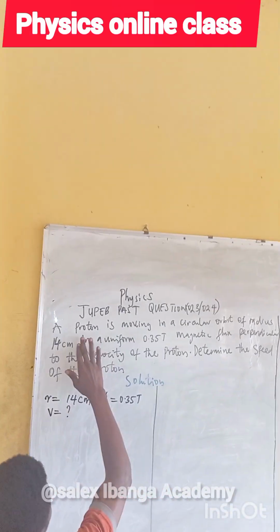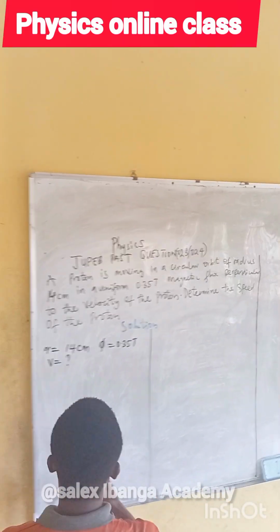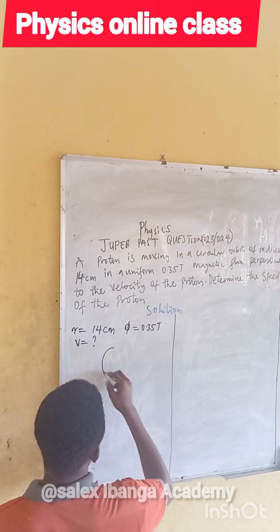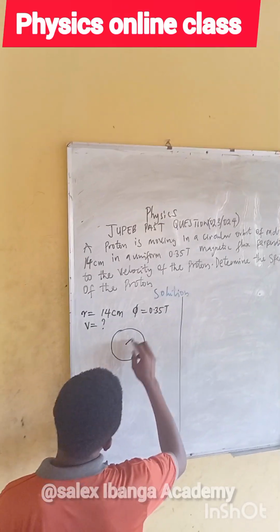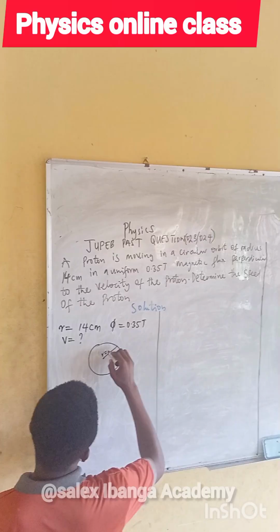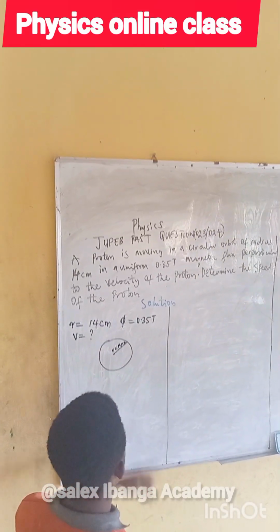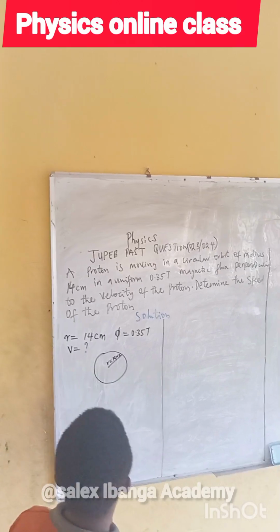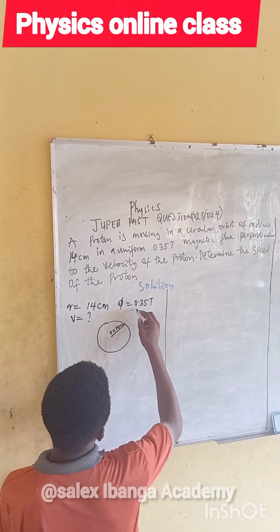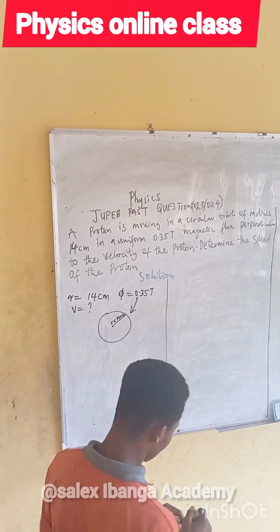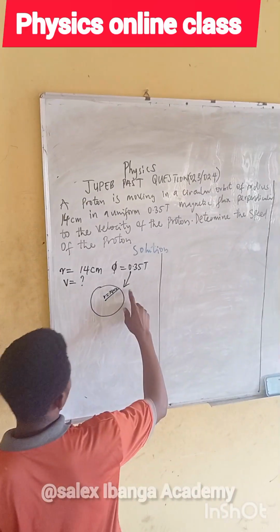If a proton is moving in a circular orbit, let me say here is my radius, my 14 cm. I'm just assuming that place is my radius, 14 cm. They have been given a flux, the flux at which this proton moves. So now I am going to solve for the speed.